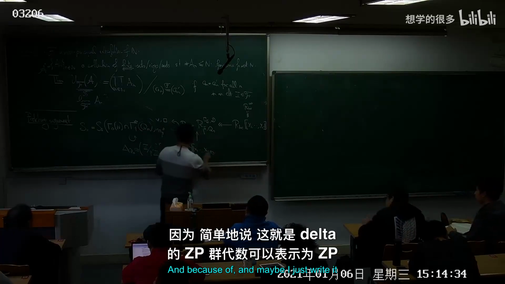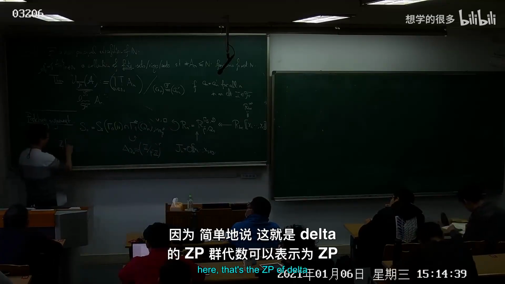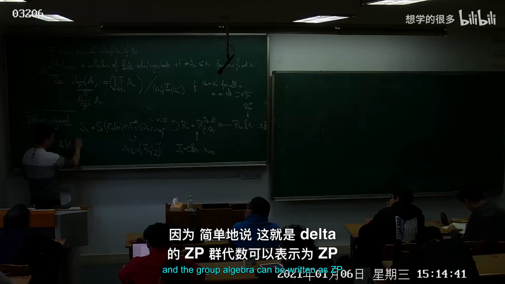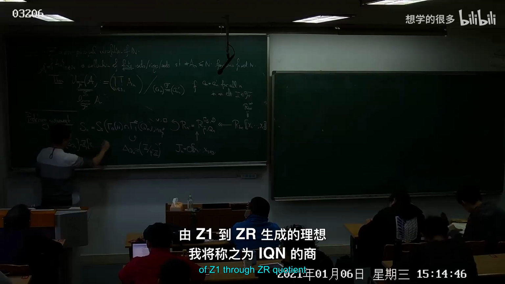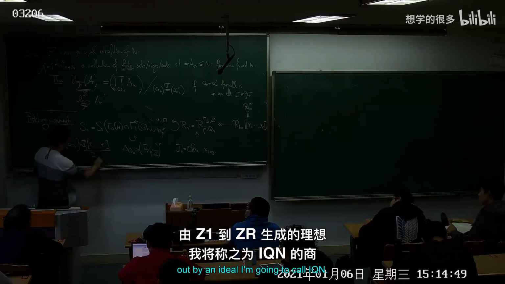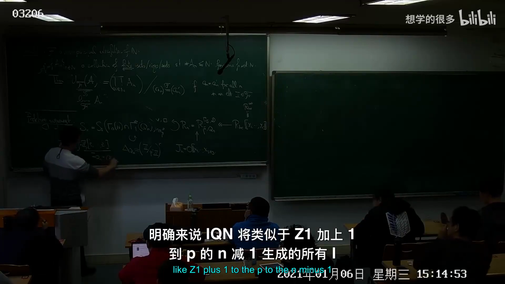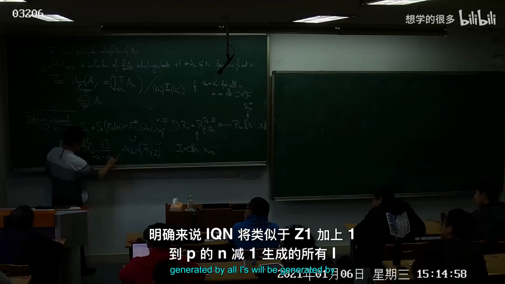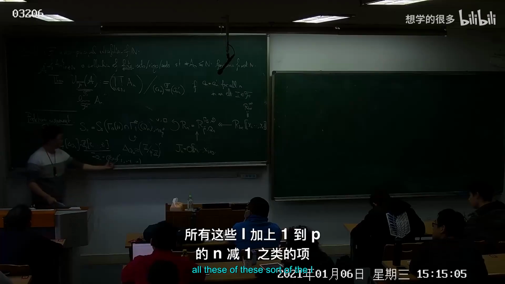And maybe I just write it here, the group algebra Z_p[delta_n] can be written as Z_p[Z_1 through Z_r] quotient out by an ideal. I'm going to call it I_{Q_n}. Explicitly, this I_{Q_n} will be generated by all these (Z_i + 1)^{p^n} minus 1, for all i from 1 to r.